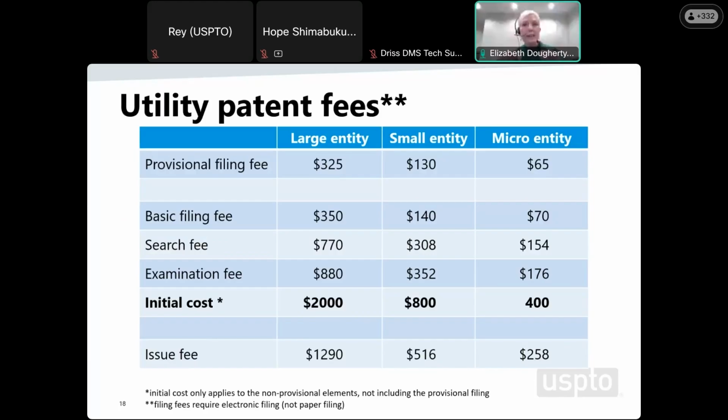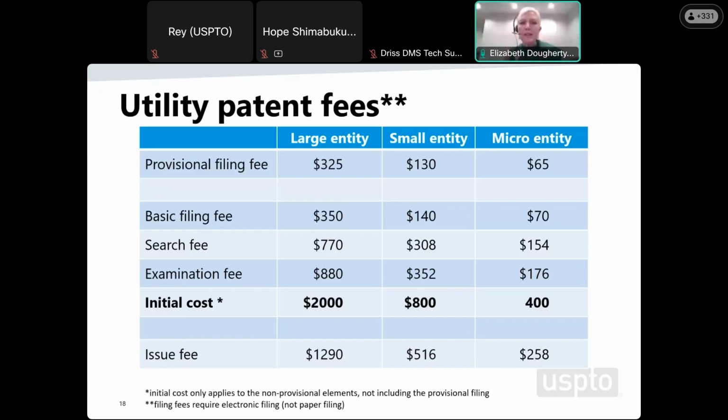Are you a large entity, a small entity, or a micro entity? And this is significant because they pay different fees. And as you can see, they ramp down towards the micro entity end. So if you qualify as a small entity or a micro entity, you certainly want to pay those reduced fees from the very get-go. So know what kind of an entity you are.